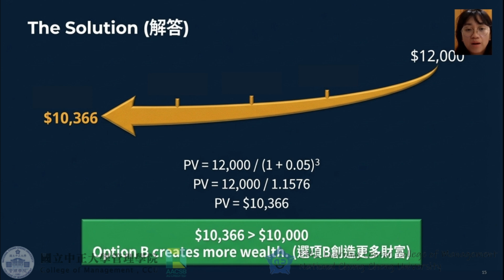So how about if you calculate the future value for option A? It is going to generate a similar conclusion. Option B still creates more wealth in the future. Congratulations to those who got it right and chose option B.